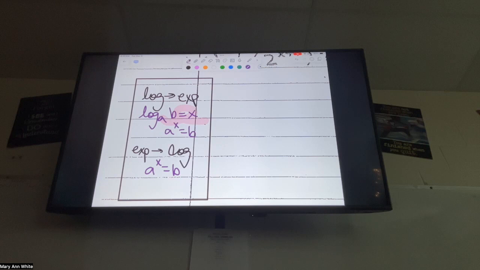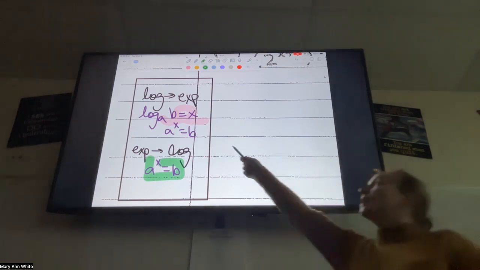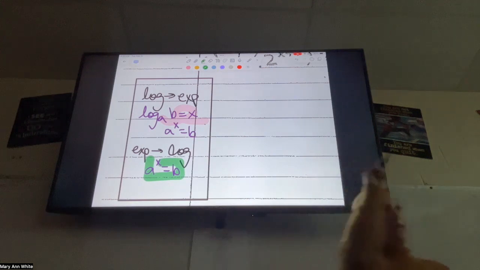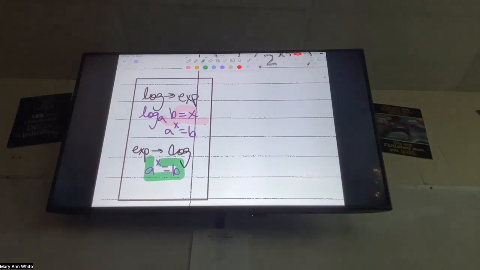I still do a log roll, and you can either hate this or like this, I use a little L to help me do my form. So I go log base A of B equals X. On the going into exponential form, I use a little cursive E to help me know I'm going into exponential form. This one I use an L shape to help me know that I'm going into log form.